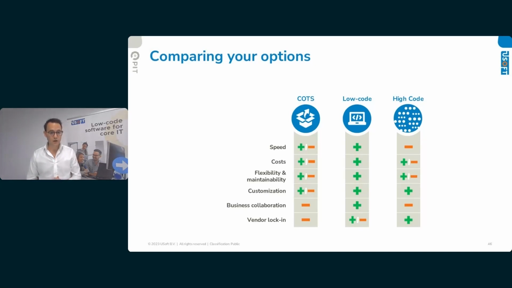So for instance, if you look at commercial off the shelf, in most cases these are good to very good solutions that you can use, and they cover large parts of the basic process that you need to run as an organization. But what we've seen in the last 10 to 15 years is that many organizations tend to do a lot of customization within these commercial off-the-shelf systems.